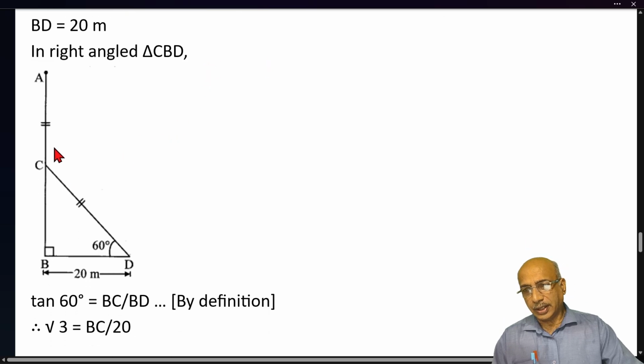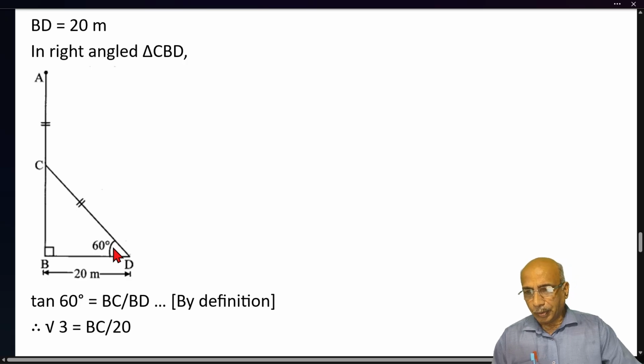Now again I am explaining with this figure. This was the tree here. It broke from point C. Whatever broken part was there falls straight down here at point D, which made an angle of 60 degree with the ground. So AC is the broken part which dropped down on the ground, and with the horizontal it made an angle of 60 degree.